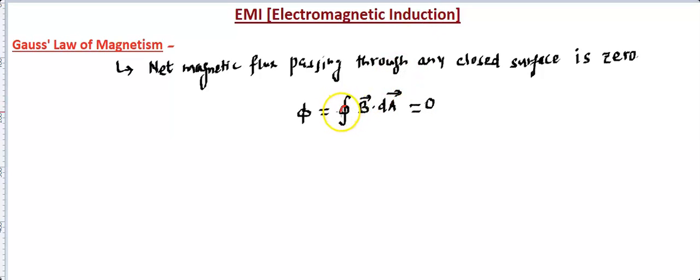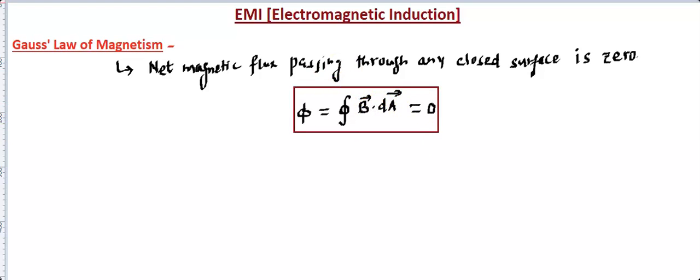That means if there is this loop, then the answer is 0, because loop means closed. So whenever there is a loop integration related to magnetic flux, you answer it as 0. That's an important formula, which is why I'm placing it in a box. So this is called Gauss law of magnetism.